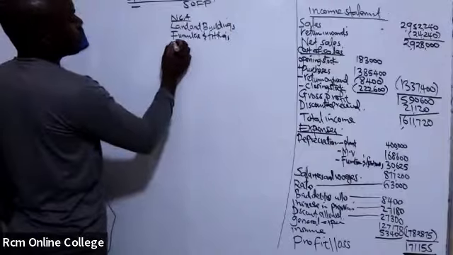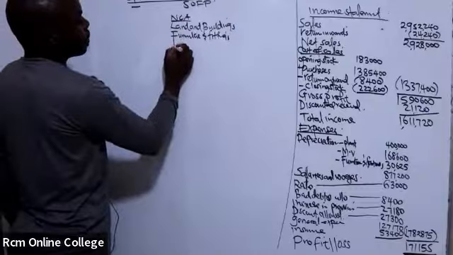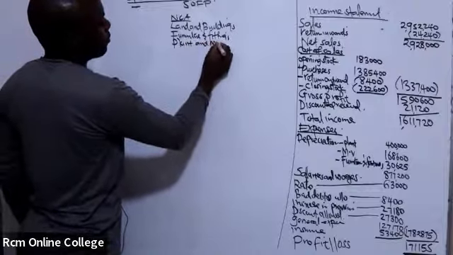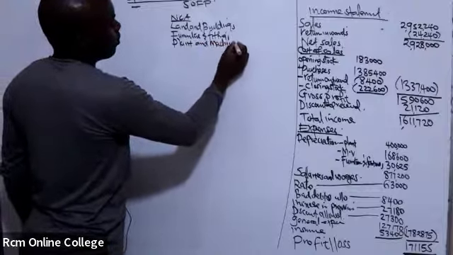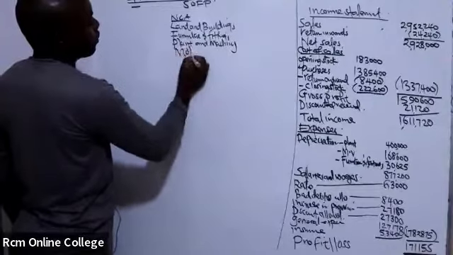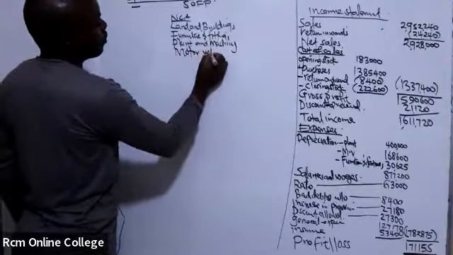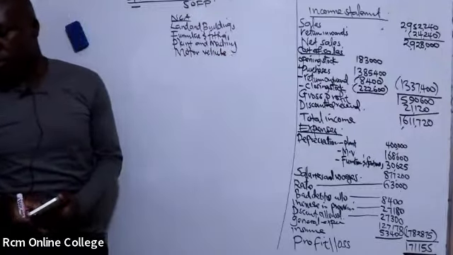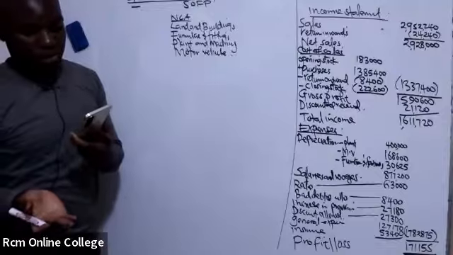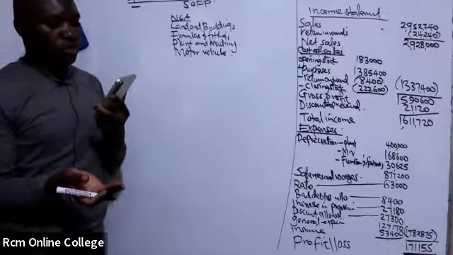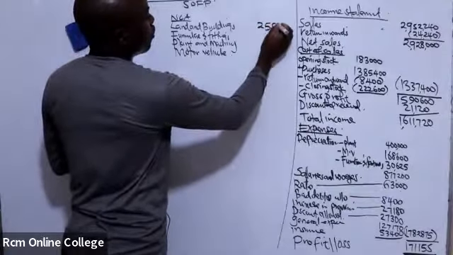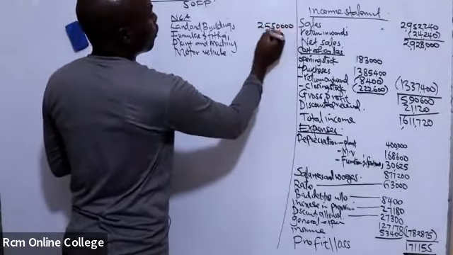We add plant and machinery. Then we add motor vehicle. So land and buildings was not being depreciated, right? So just put the figure, land and buildings 2550. We just copy and paste.